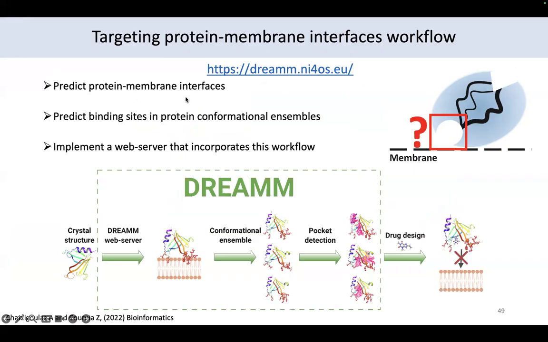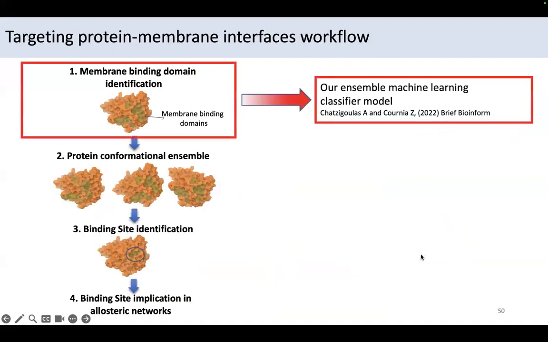It predicts protein membrane interfaces, protein binding sites, and protein conformational ensembles, and it is implemented in a web server that incorporates the workflow of conformational ensemble and pocket detection, that ultimately gives you sites that can be utilized for drug design. The membrane binding identification algorithm for generating the protein membrane interface is our ensemble machine learning model, and this is the publication.